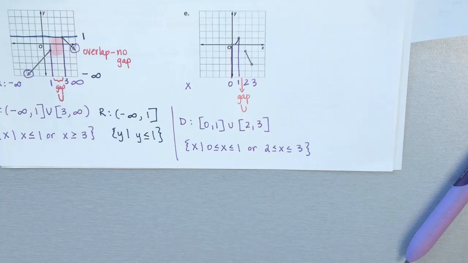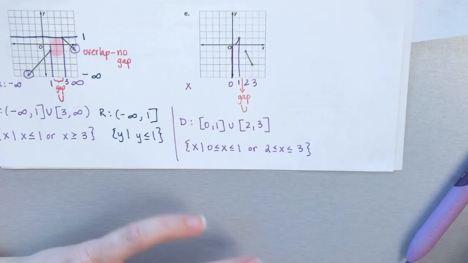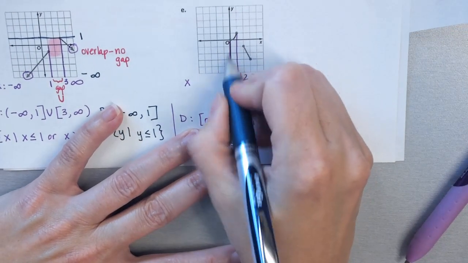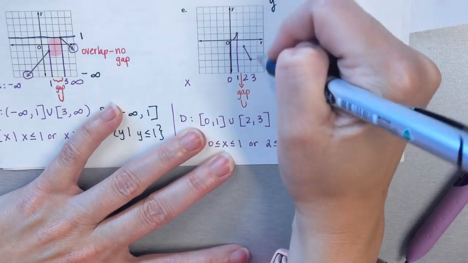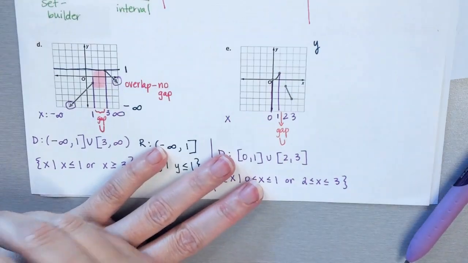I see some of you writing the numbers on the side. Okay, so we should always be starting with our lowest y value. So now we're looking at the y's, the up and the down, right?